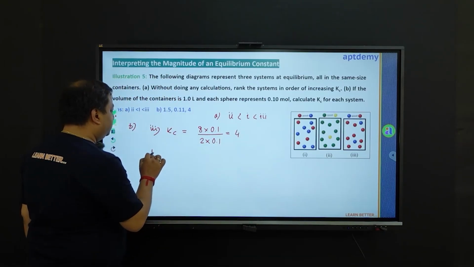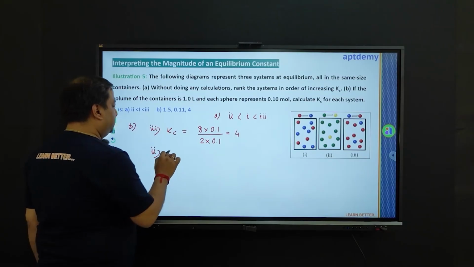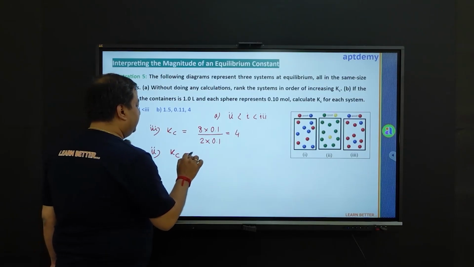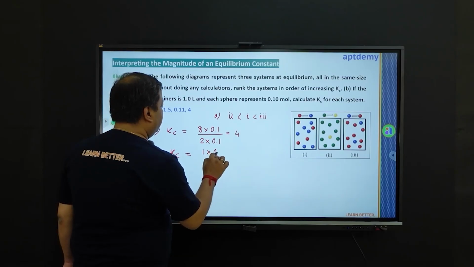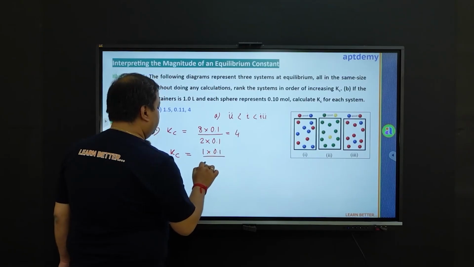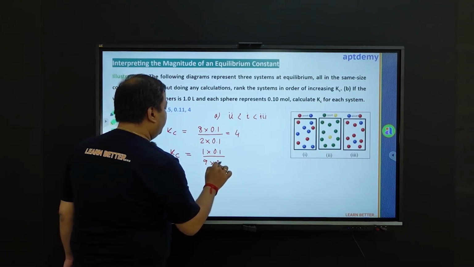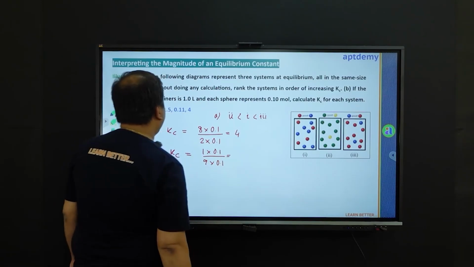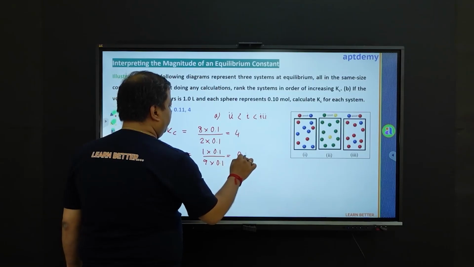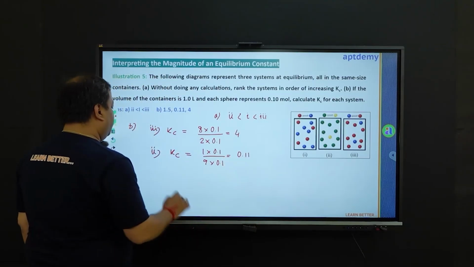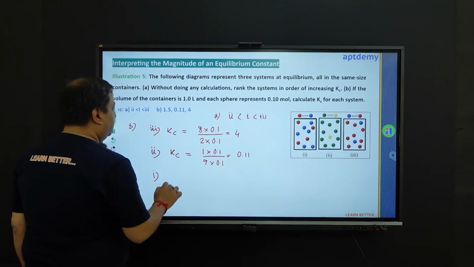What about 2? Kc would be 1 times 0.1 divided by 9 times 0.1, and the value that we should be getting is 0.11. What about 1?